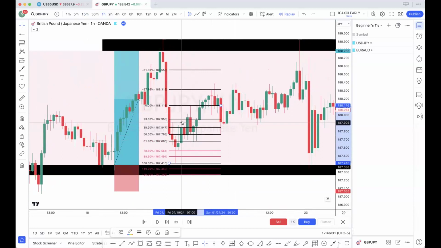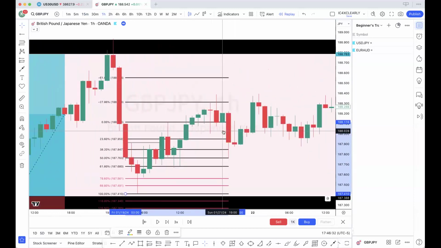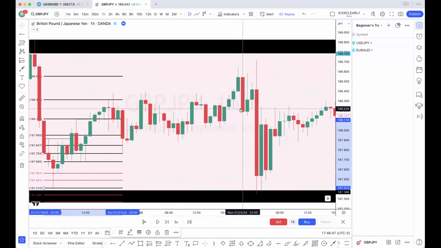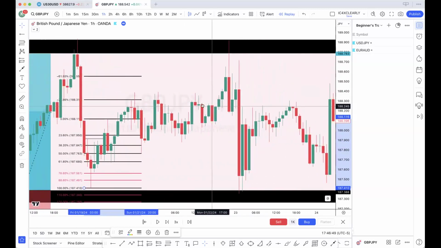Where is it? Oh, right here. Okay. So on the 1 hour, price broke. This was the order block that I was saying. And then the price pulled back into the order block and then left the building. Okay. Back to my zone.